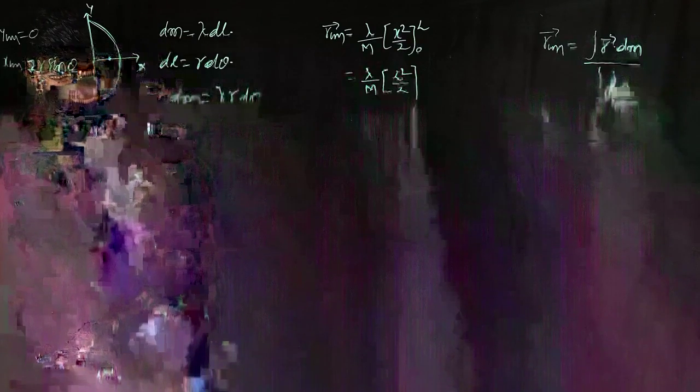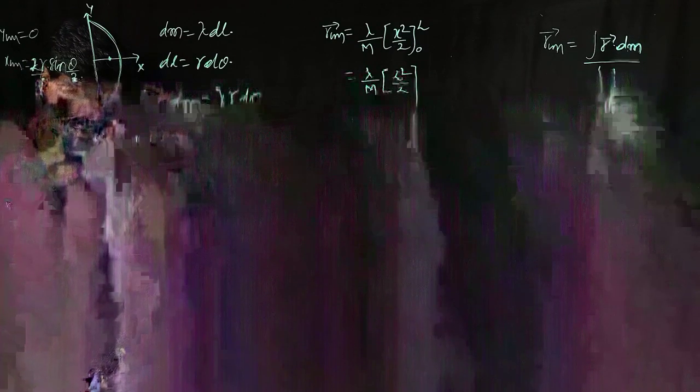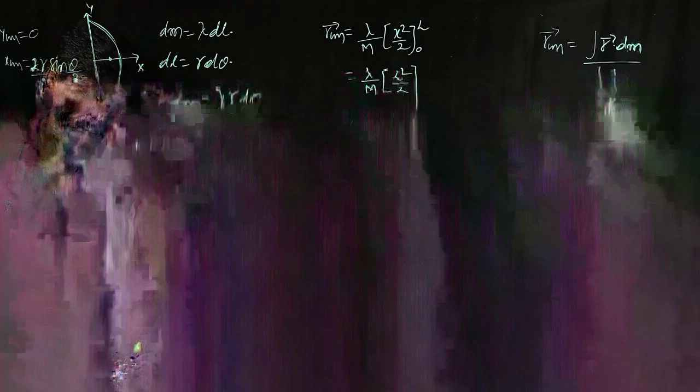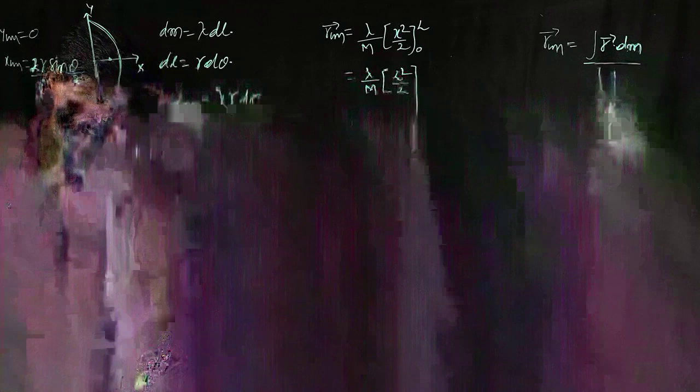Similarly, we can calculate y center of mass: it is x dash sine pi by 4, and this value also is 2r divided by pi. Like this, by using this expression, you can calculate for any circular strip.